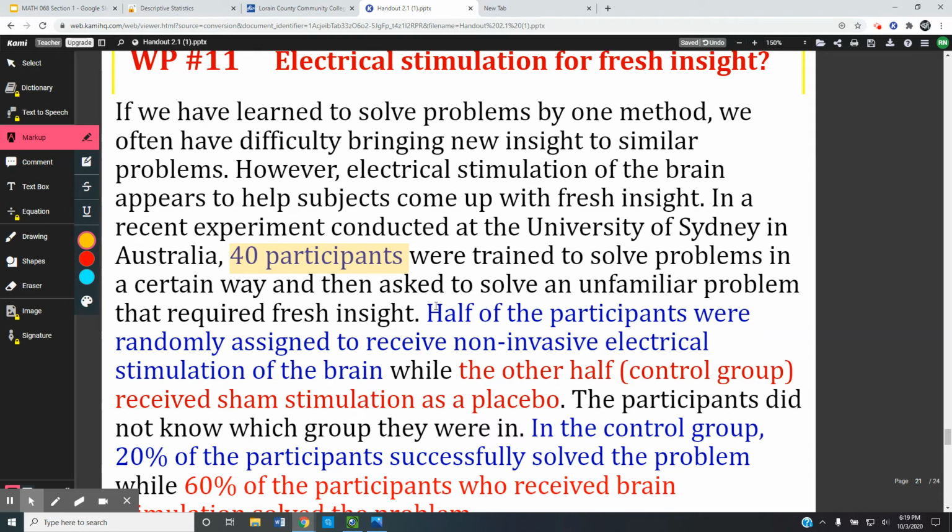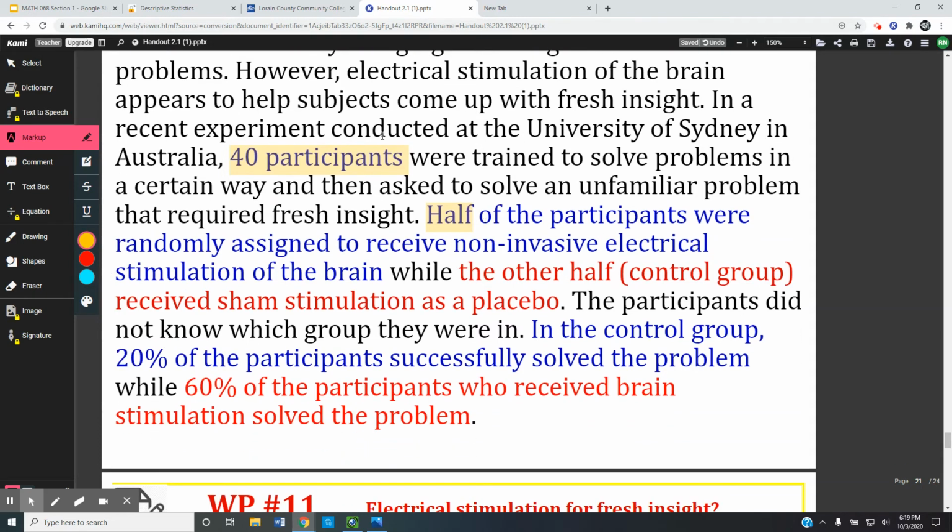Half, that's important, so 20, half of the participants were randomly assigned to receive non-invasive electrical stimulation of the brain. Great. While the other half, the control group, received a sham stimulation. Remember, the control group never gets anything. They have the placebo. So far we have 40, and we have half of them in each group.